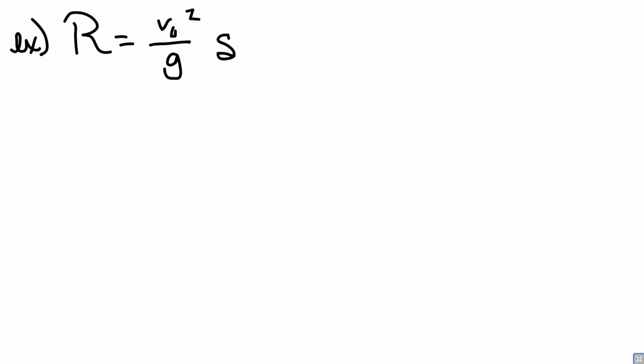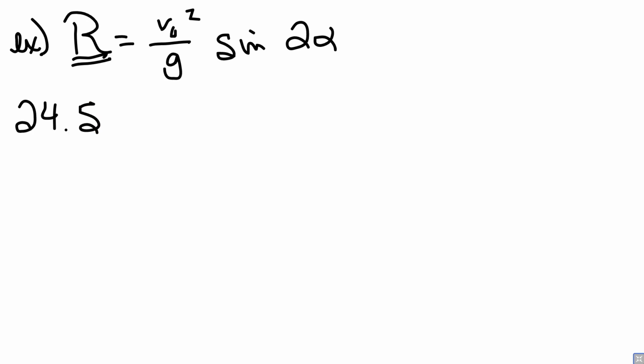So for this, R is equal to v sub 0 squared over g times the sine of 2 alpha. Now, we're told in this problem what the maximum range is, so we're going to put in 24.5 here.